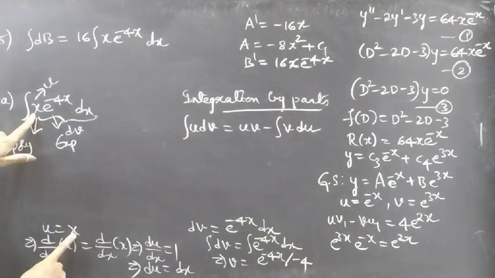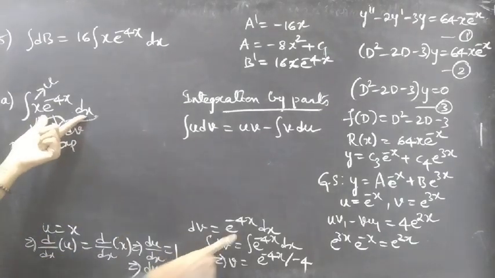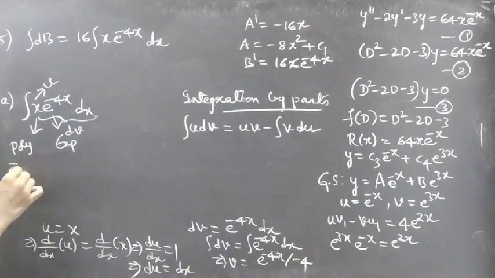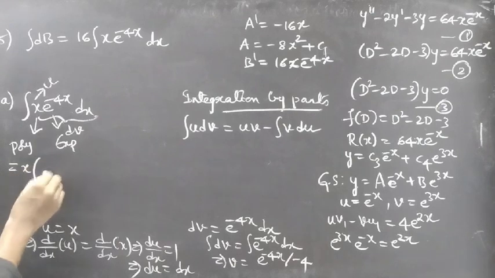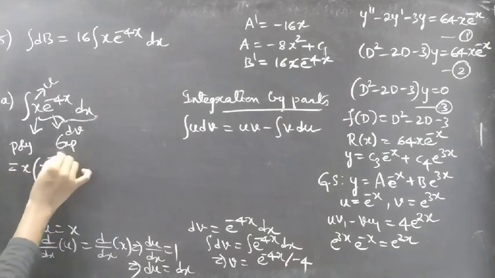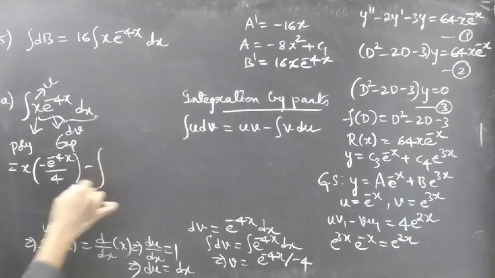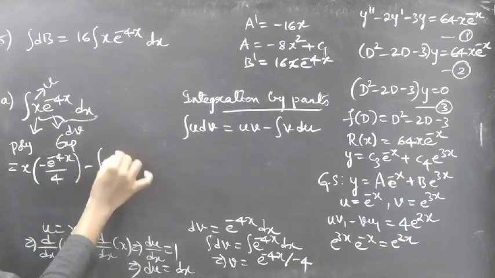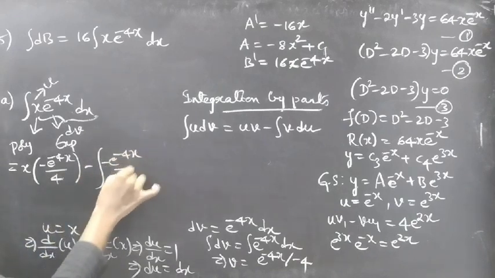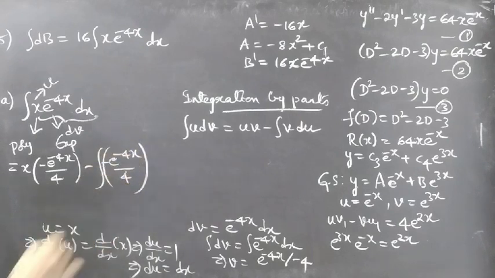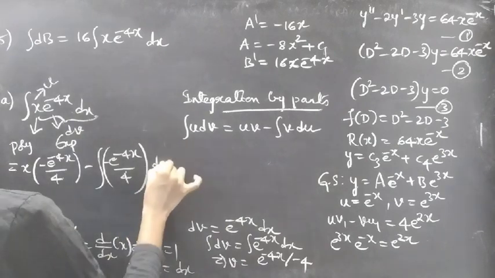Integral u dv equal to uv, x into v, minus e power minus 4x by 4, minus integral v du. v is minus e power minus 4x by 4, right? Into du by dx.